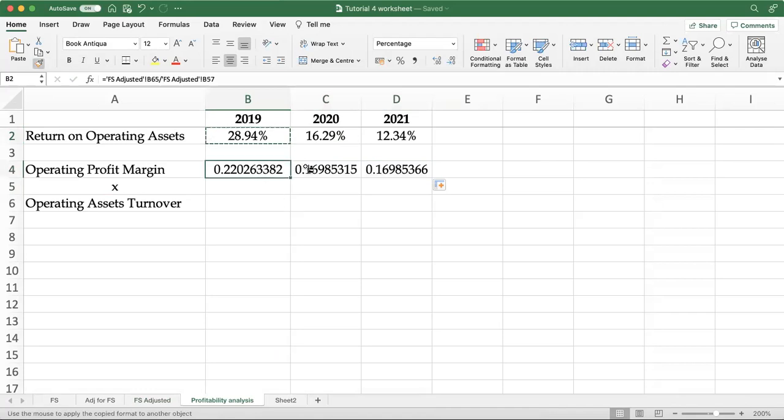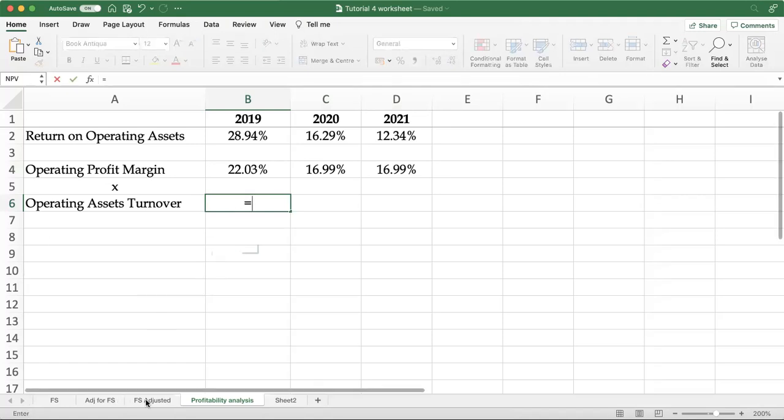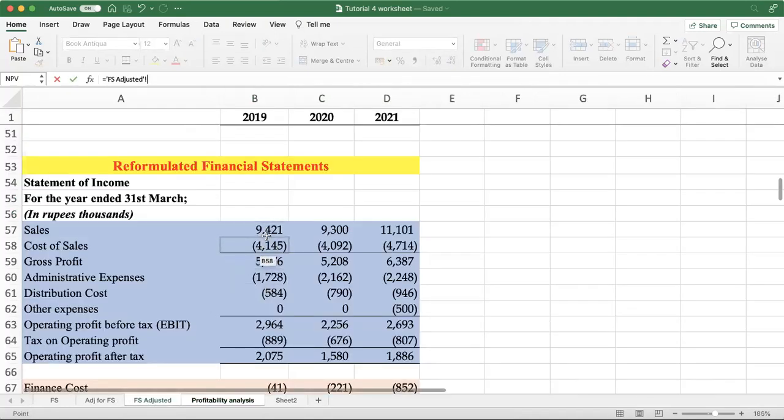So you can express this as a percentage. Then operating assets turnover is sales divided by investment in operating assets, in your reformulated financial statements.